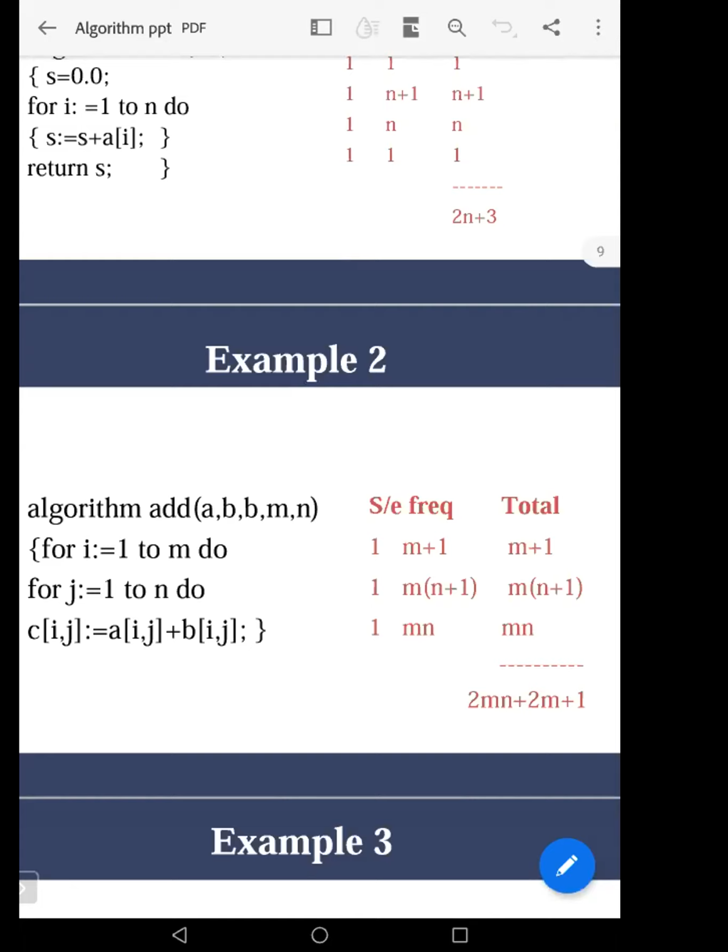The assignment part will be executing m into n times, because it is the body of the inner loop as well as the outer loop.